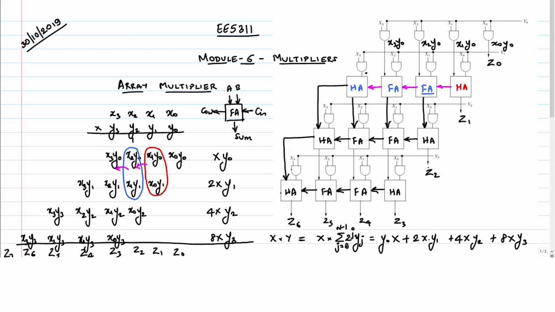So now can this be a half adder? So it has to become a full adder. What is the term we are missing now? Z7. That's coming out from the last full adder there.